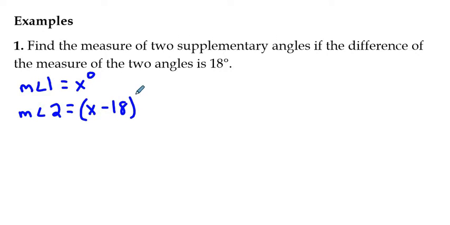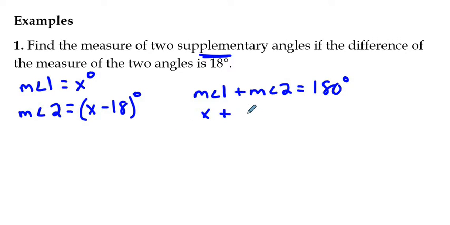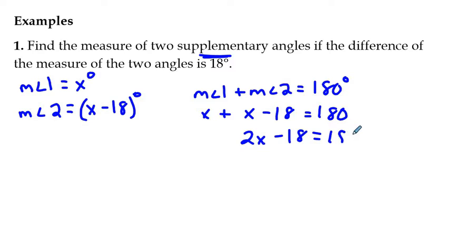The measure of the angles has to be 180 degrees because it's supplementary. So the measure of angle 1 plus the measure of angle 2 has to be 180 degrees. Or in essence, x plus x minus 18 equals 180 degrees. We have 2x minus 18 equals 180.